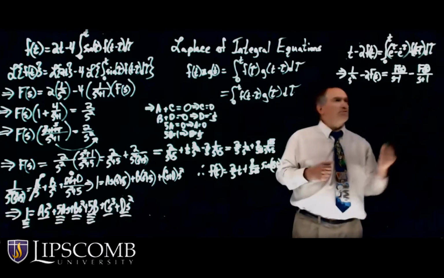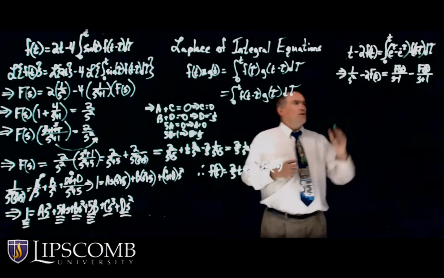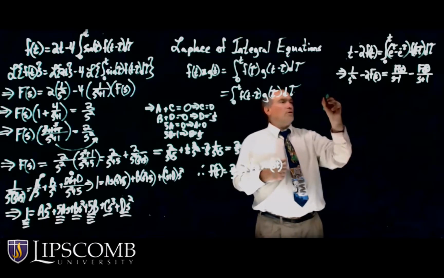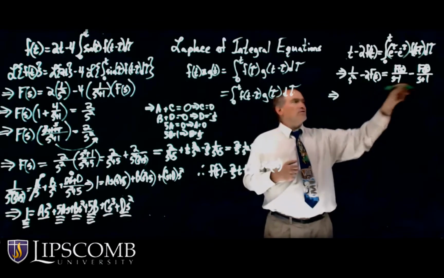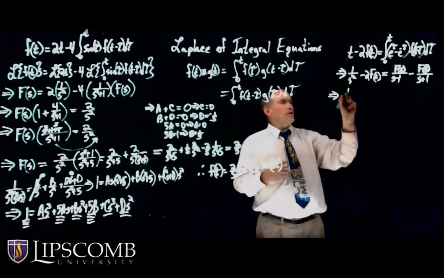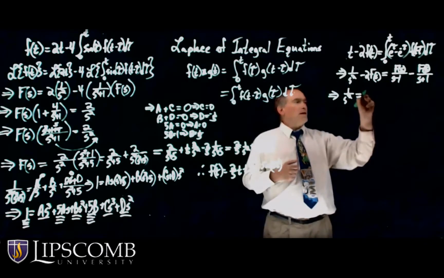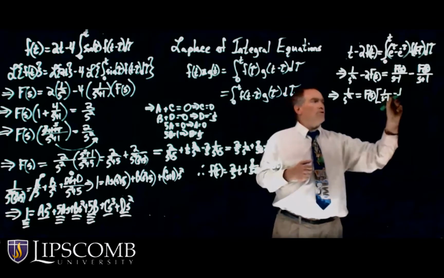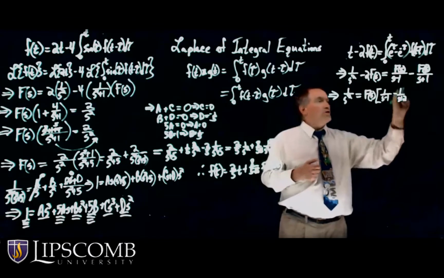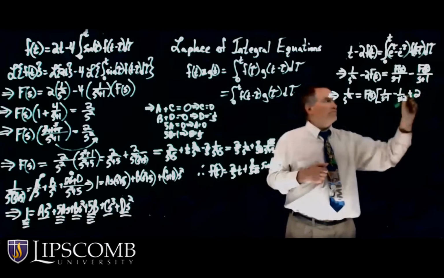So that'd be s plus 1. So that's what I get there. So let's go ahead and take all the F of s's over there. So I have 1 over s squared equals F of s times 1 over s minus 1 minus 1 over s plus 1, plus 2, because I took this guy over here.